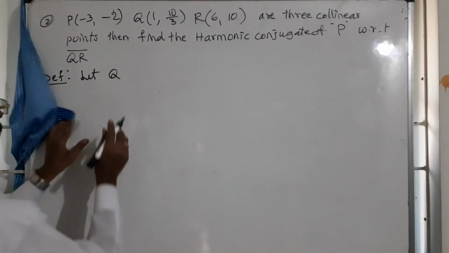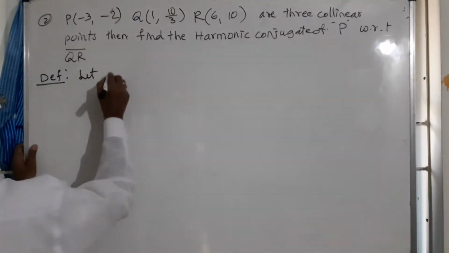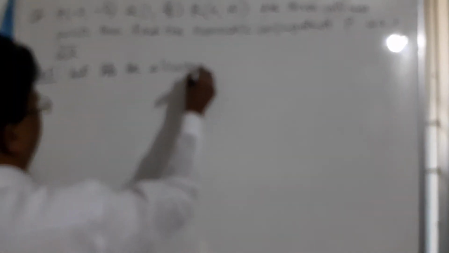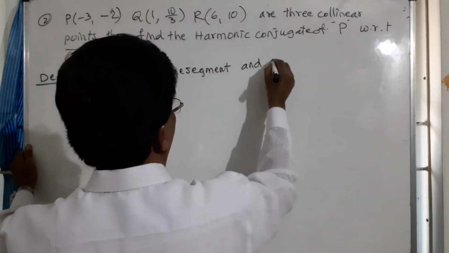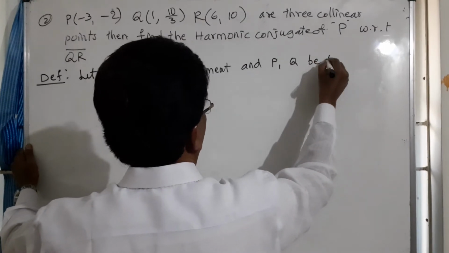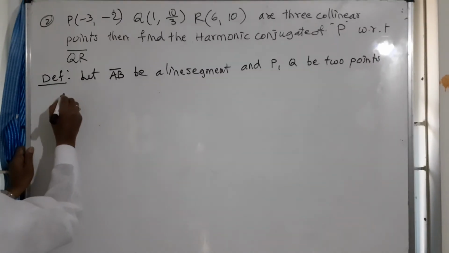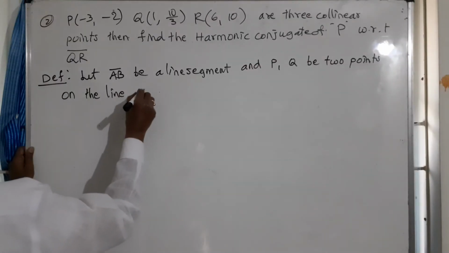Definition of harmonic conjugate. Let AB be a line segment, and P, Q be 2 points on the line AB.